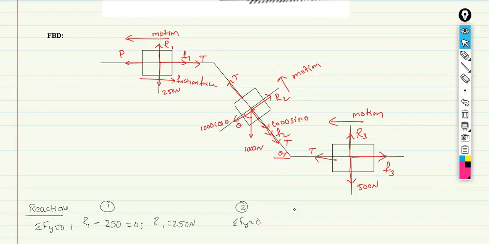The upward force is R2 minus the downward force 1000 cos 53.13 equal to 0. So then you will get R2, sorry, this is R2, not R3. R2 you will get 600 newtons, because this is 0.6 I think, so automatically you will get 600 newtons.